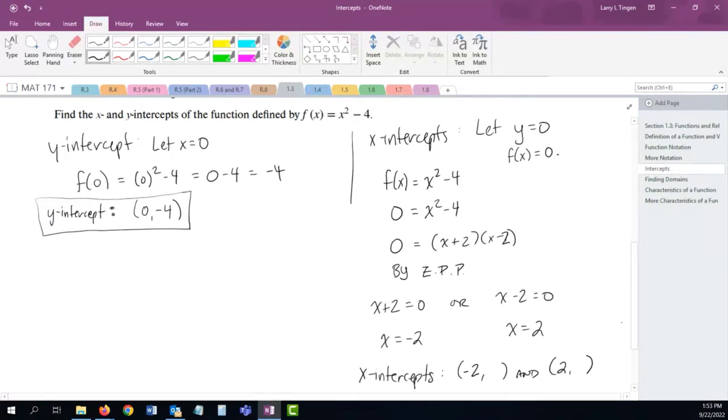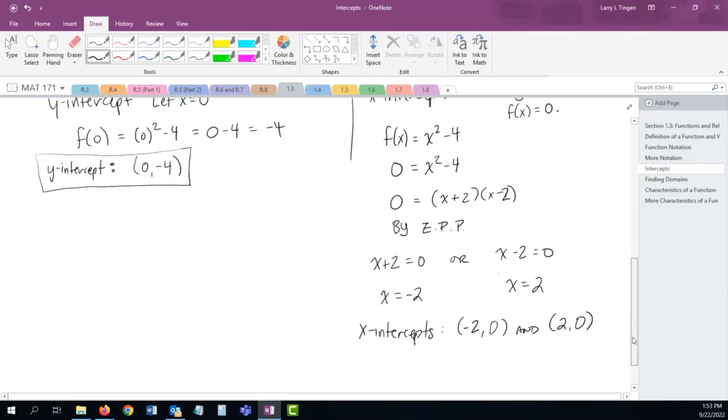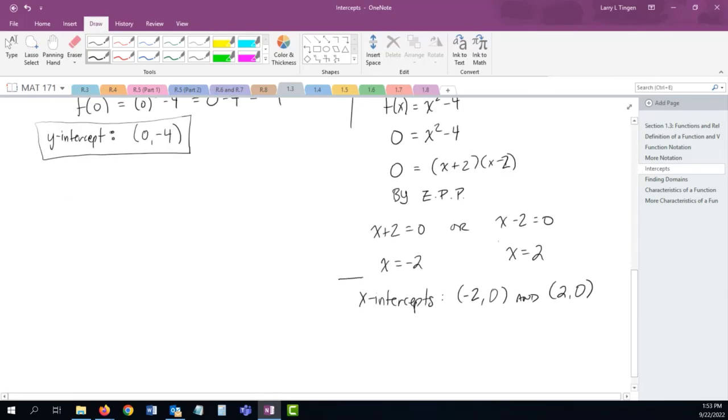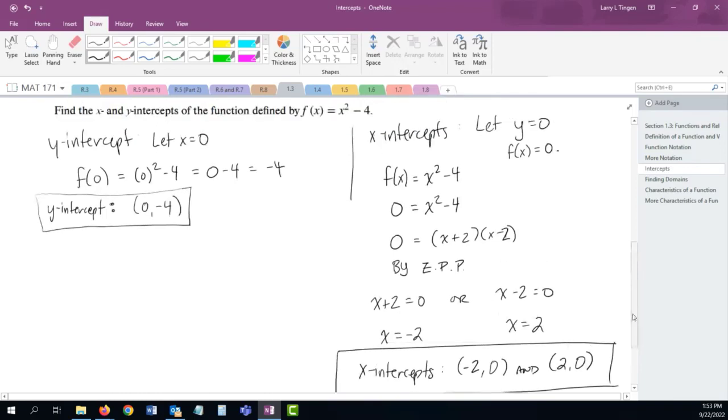What was my very first step? I let y be 0, exactly. So the x-intercepts are (2, 0) and (negative 2, 0). Great. So again, you can have multiple x-intercepts, but you can only have one y-intercept. Because if you have multiple y-intercepts, you're not a function anymore. All right. So that's finding intercepts.